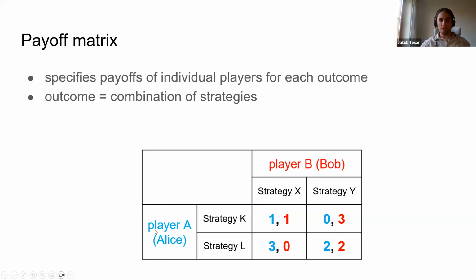So for example, if player A, Alice, plays strategy K and Bob plays strategy Y, then Alice will get 0 and Bob will get 3 from this decision-making problem. So you see what I said at the beginning, that game theory is basically about taking decision-making theory to this strategic context, because then you need to think about the other player to play the game well.